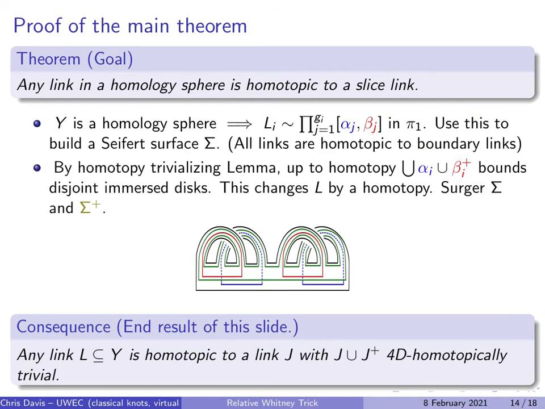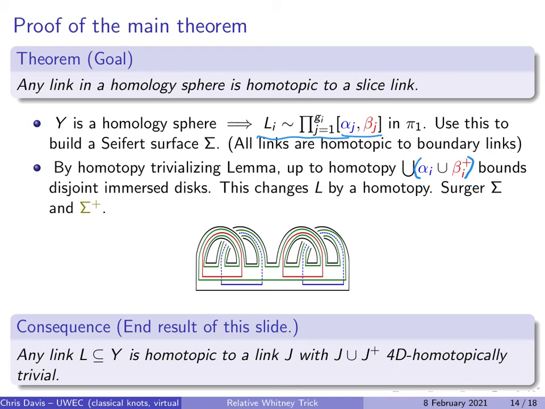By the homotopy trivializing lemma, we can change these alphas and betas by a homotopy, and eventually find that if you take the union of all of the alphas and betas, zero-frame pushoffs done to the betas, these things will bound disjoint immersed disks. And changing the alphas and the betas, well, this L is exactly a commutator, at least in pi 1.